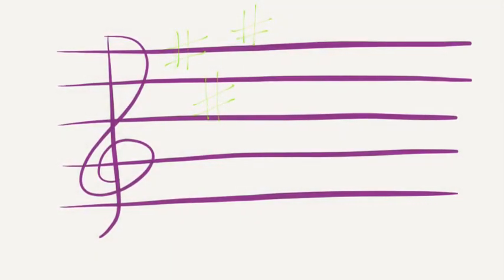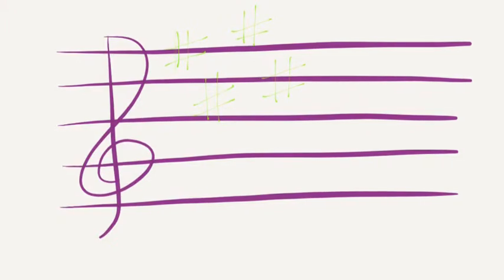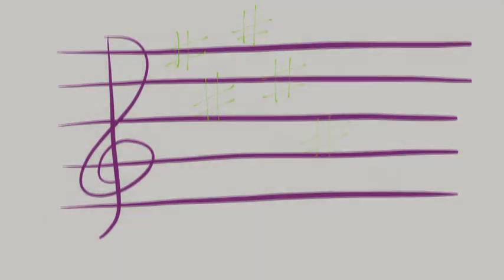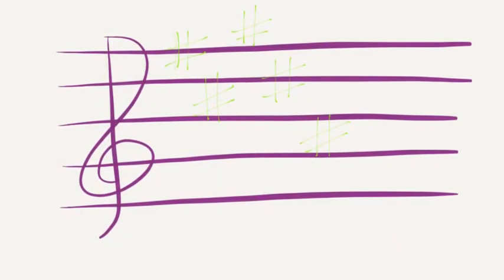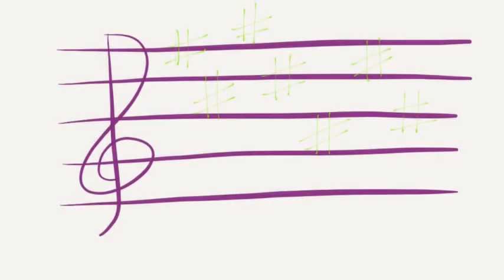G sharp always comes after C sharp. Then D sharp. Then comes A sharp. Then E sharp. And finally B sharp.